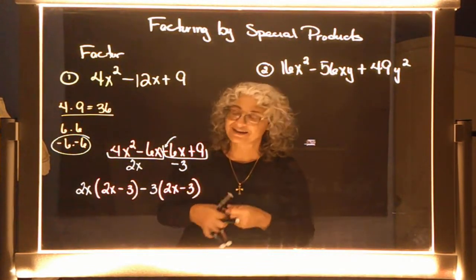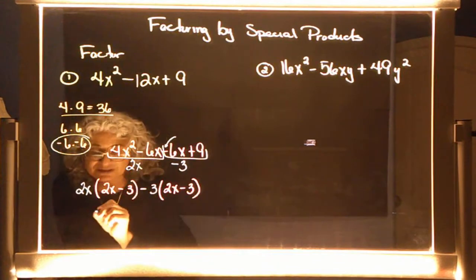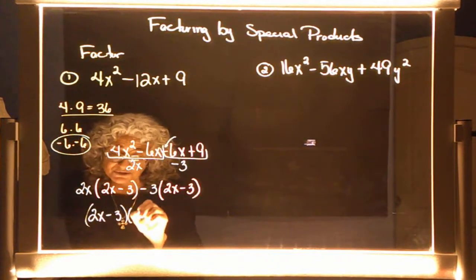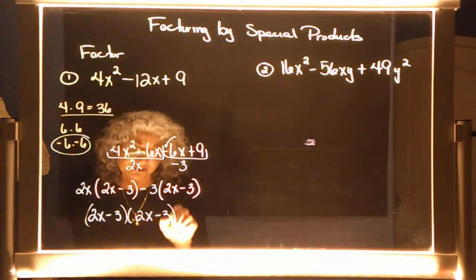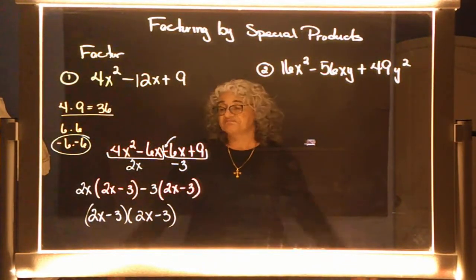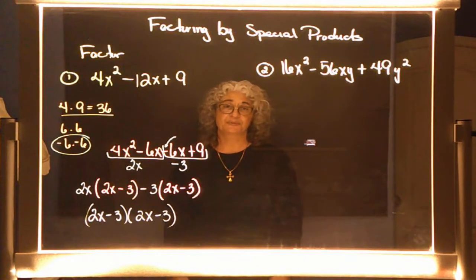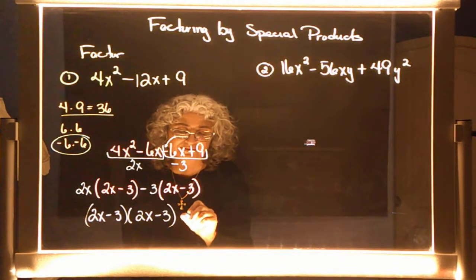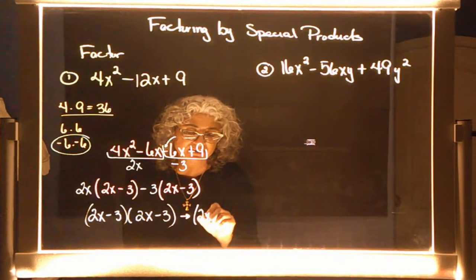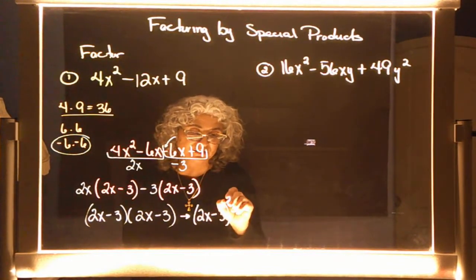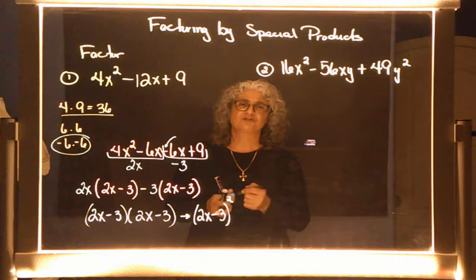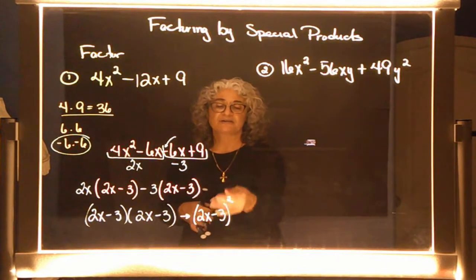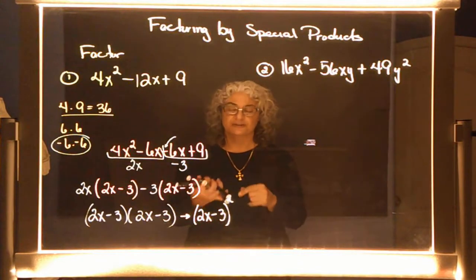And, yep, you got it. It looks like the 2x minus 3 was distributed to another 2x minus 3. Cool. 2 of a kind, so to speak. You could also write this answer as the quantity of 2x minus 3 squared. You're like, what's that word quantity mean? It means parentheses. So the quantity of 2x minus 3 squared.